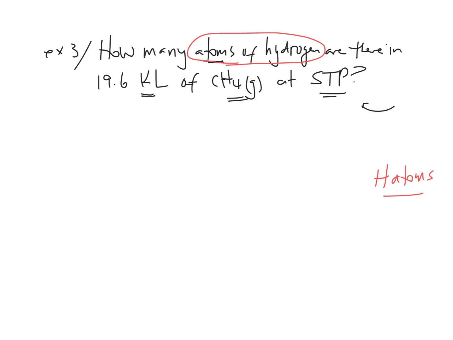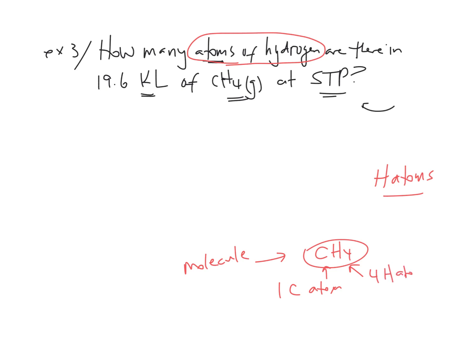So if you have CH4, you should hopefully recognize that this little unit is called a molecule, okay? And this molecule is composed of 5 different atoms. It has an atom of carbon, so 1 carbon atom. And then it also has 4 hydrogen atoms.